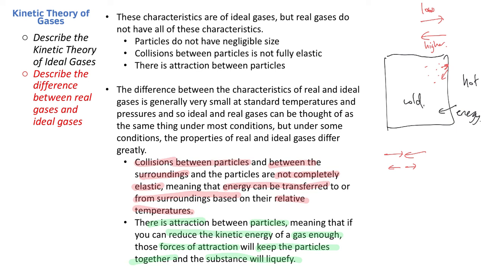Gases generally have low intermolecular forces, but they don't have no intermolecular forces. So if you reduce the speed of the particles enough, you will eventually have those particles stick together and turn into a liquid or a solid, depending on what the substance is, and therefore there is attraction between those particles.